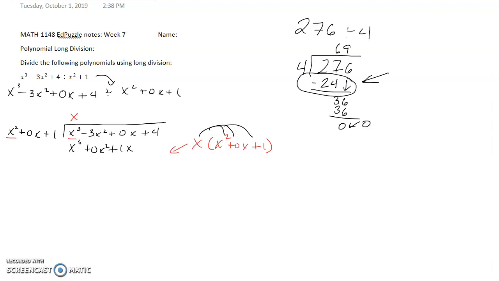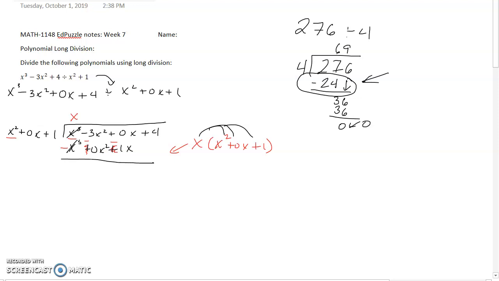Now, it's a little bit trickier with this one, but since we're subtracting, we're going to change all of these signs. So that's going to become a negative, that's going to become a negative, and that's going to become a negative. If any of those were negative, they would become a positive. So now we're going to combine these and see what we get. x cubed minus x cubed, those are going to cancel out.